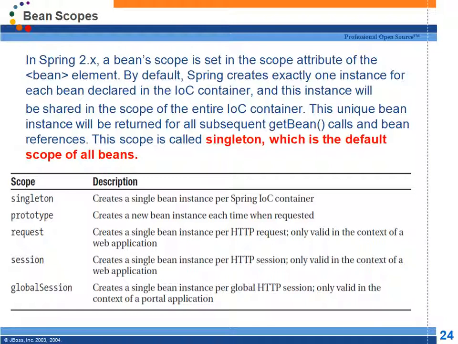Spring comes up with two types of containers. Classes which implement BeanFactory are the first type of containers. Classes which implement the ApplicationContext interface are the second type of containers. They manage the life cycle of beans. Once you understand containers, I will carry the word container to the next topics. Now let us try to understand scope. What do I mean by scope? These are the various scopes. I will give an example for each.